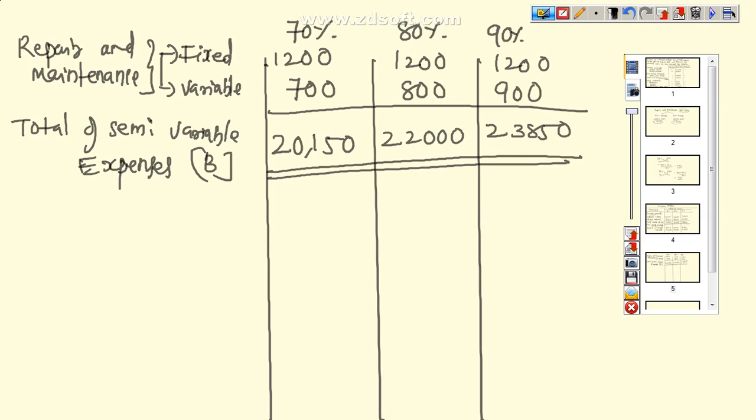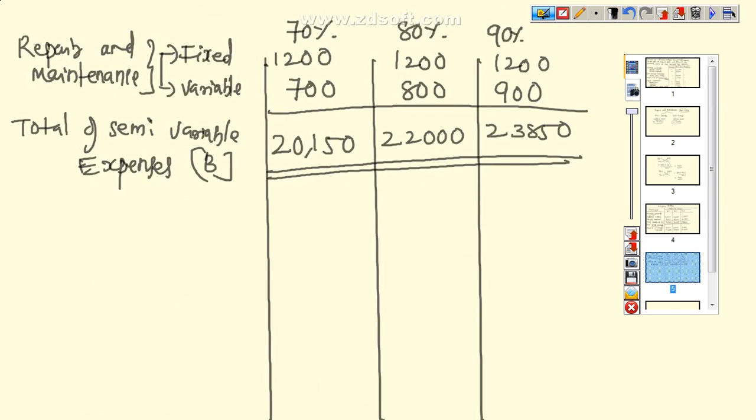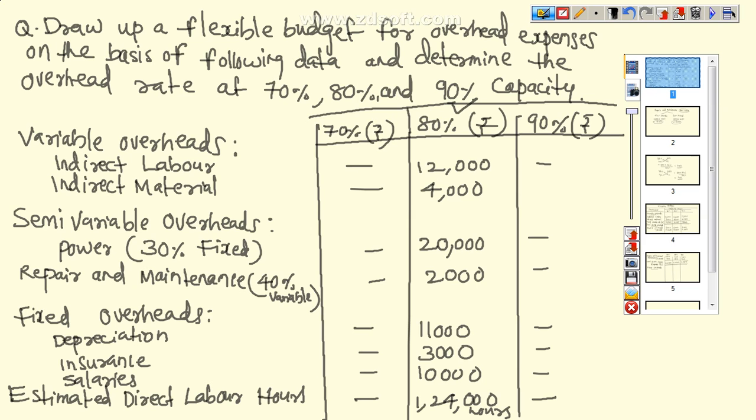Next, after this, next category of overhead according to the question is fixed overhead. So we have to write it here, fixed overhead. Under fixed overhead there are different expenses given. First one depreciation, second one insurance and salary.